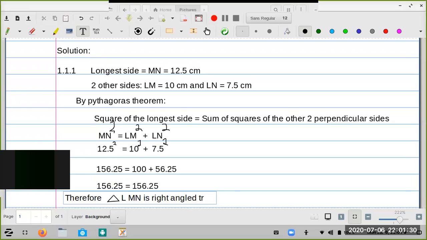Let me just write the word: right angled triangle.